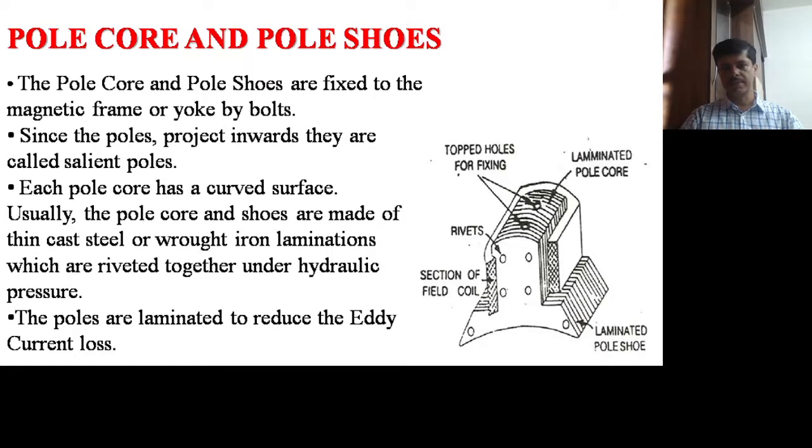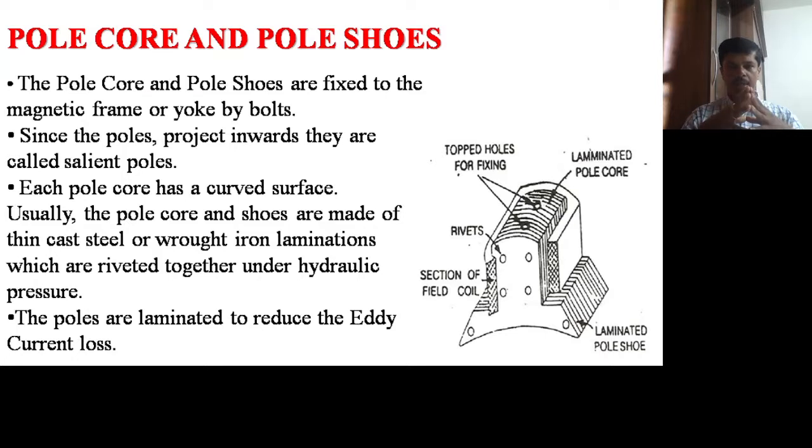In earlier designs both were solid pieces, but in the modern design, solid pieces and laminated pieces are riveted together to make a single one. Each pole projects inwards, so we call them salient poles.